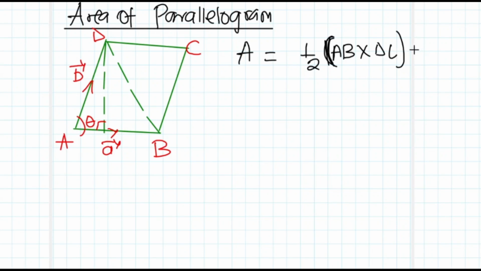This is the same thing as half of, so the area of the parallelogram is base times height, half base AB multiplied by DC, right? So DL, this place is L. So this formula can be written as half AB sine theta.